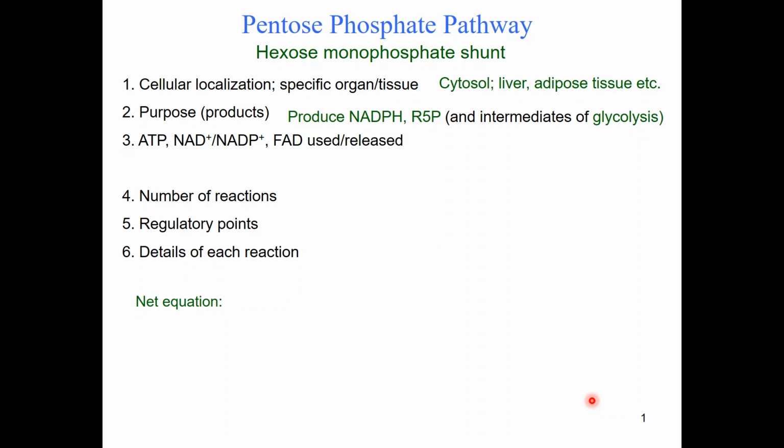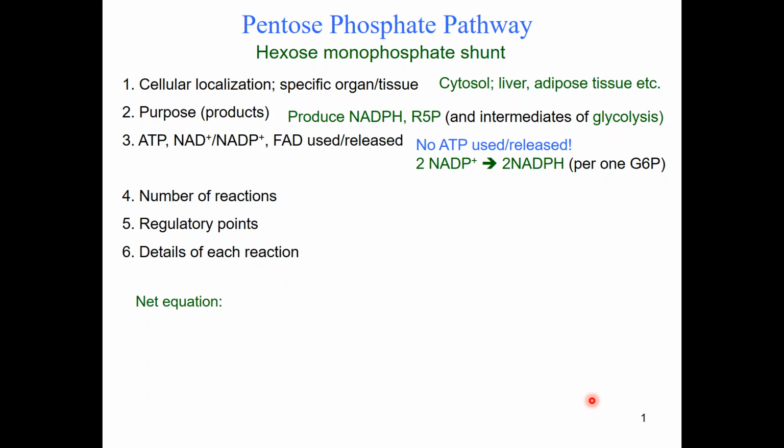So next, let us consider the number of ATP used or released. Here we don't need to spend ATP for this pathway, and ATP is not released as a product of this pathway. So no ATP is involved in the pentose phosphate pathway.